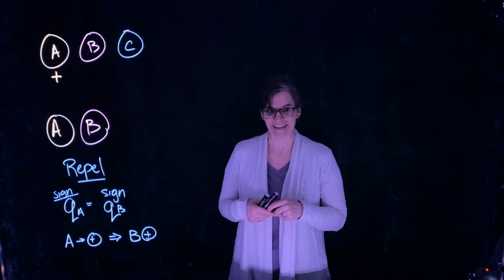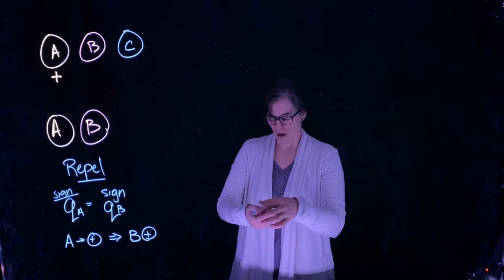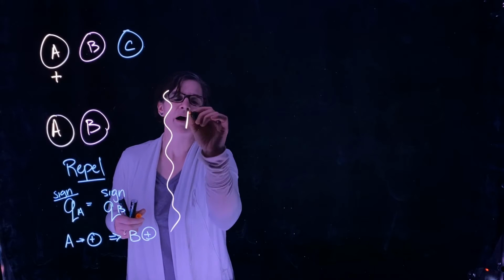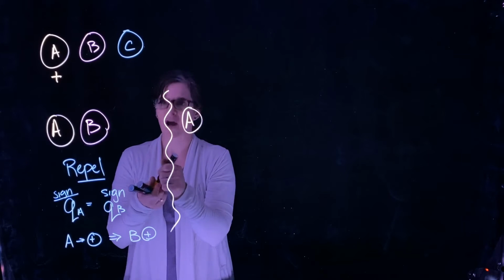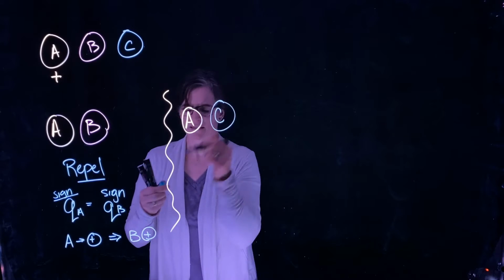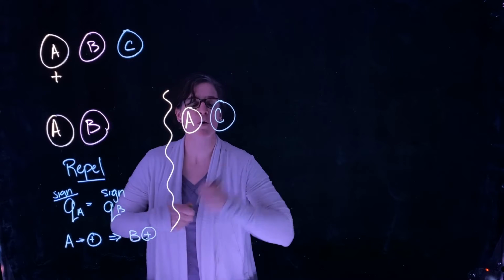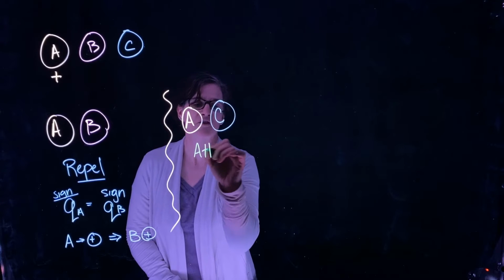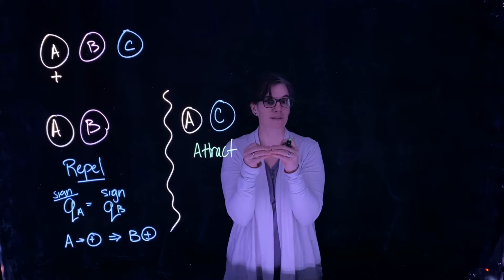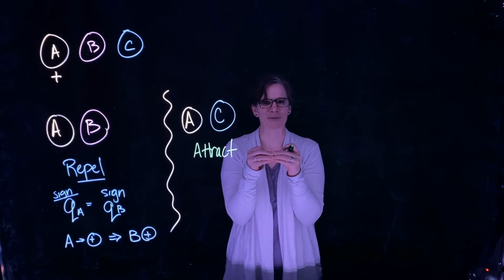Okay, like charges repel. What about when object A was brought close to object C? In this case, we were told that they attracted. When A and C got together, they stuck together. They attracted to one another.